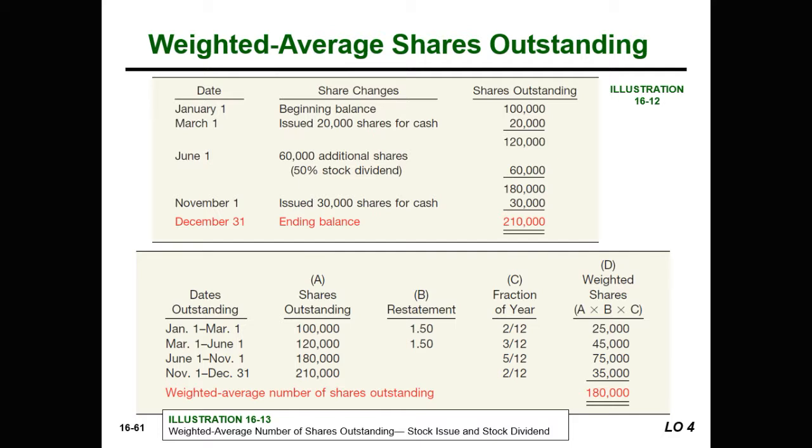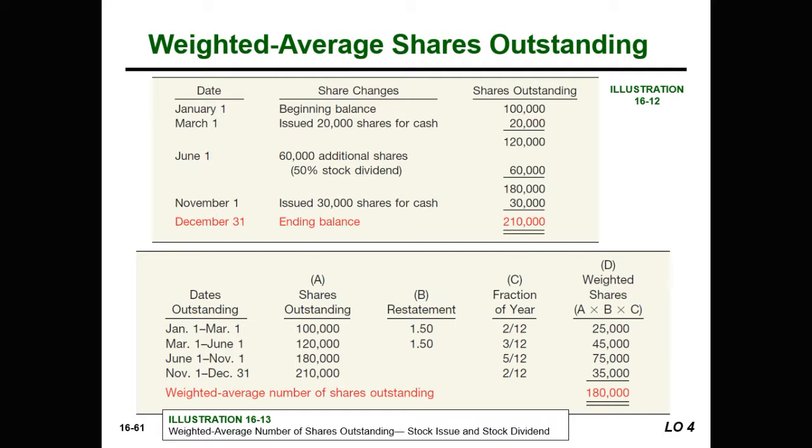Now, from June 1st through November 1st, there were 180,000 shares. There's no restatement or readjustment here because this is after the stock dividend has occurred. And that is a period of 5 out of 12 months.